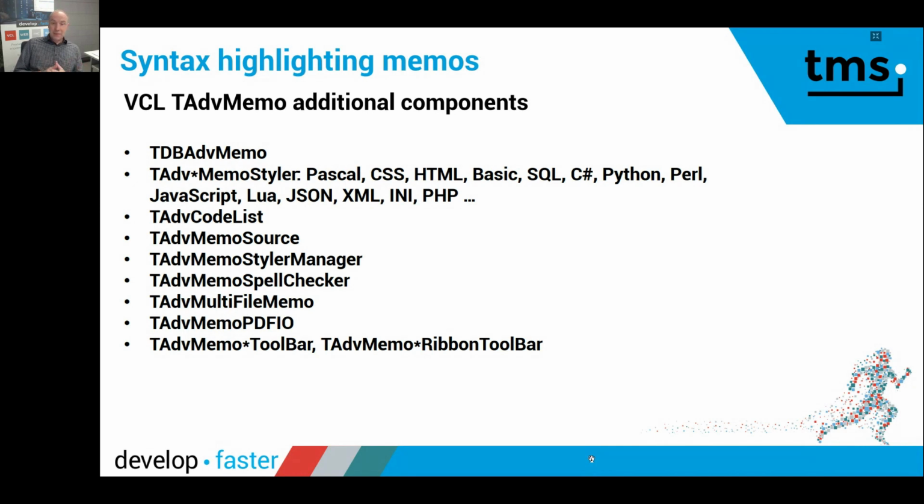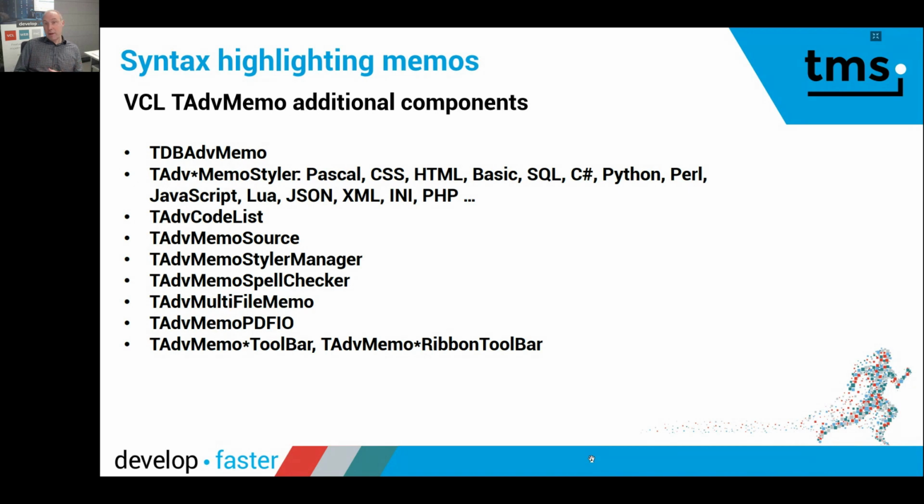The TADV memo source that we will briefly cover in the coding that will follow is a component to manage code or text independent from the memo. And this enables you to have just one memo component and switch between different sources.